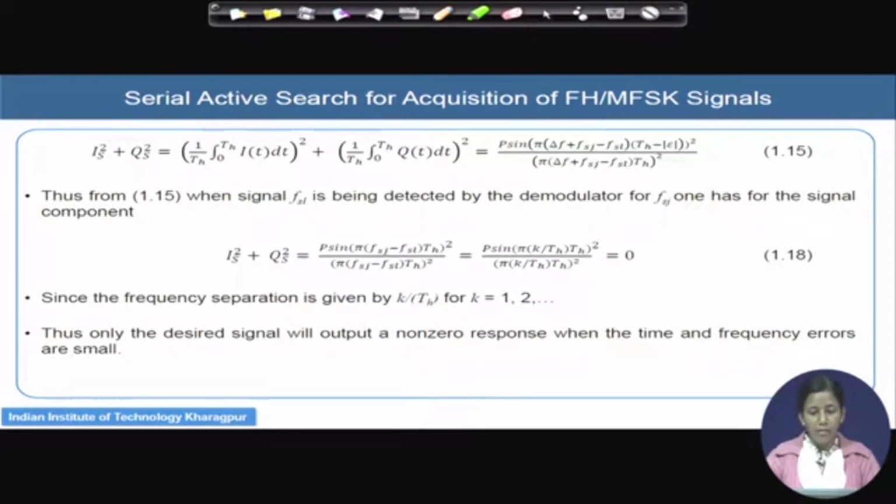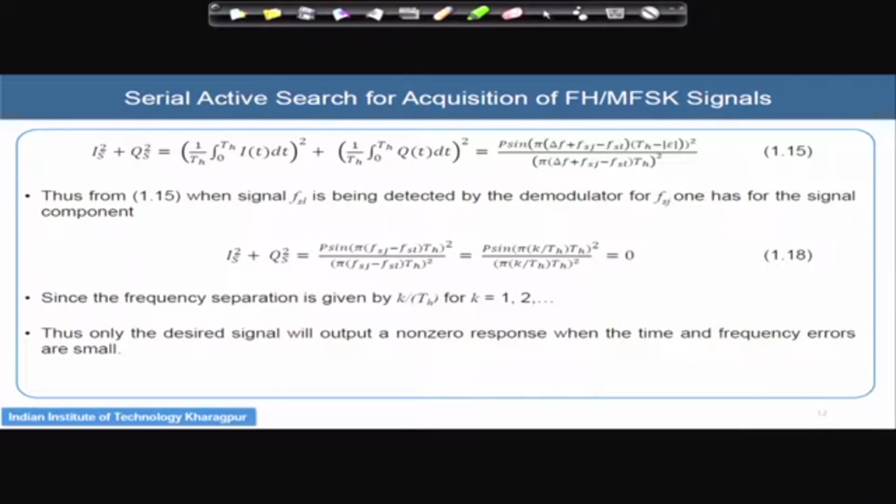So, the basic point is that the detector output is perfectly 0 and you are not getting anything if the modulation tone frequencies are not matching.